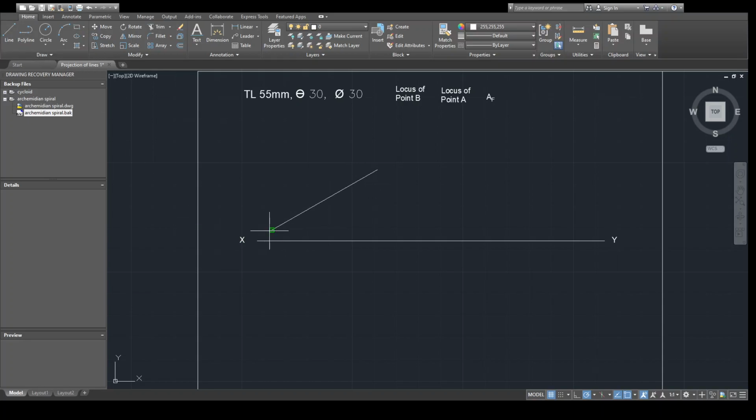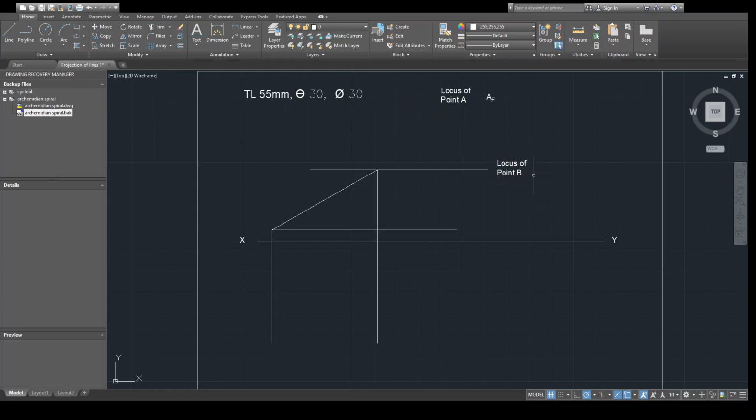So let us draw projections down, vertical projections down. We will draw horizontal lines, and these horizontal lines we call the locus of point A and point B. I will move this to here.